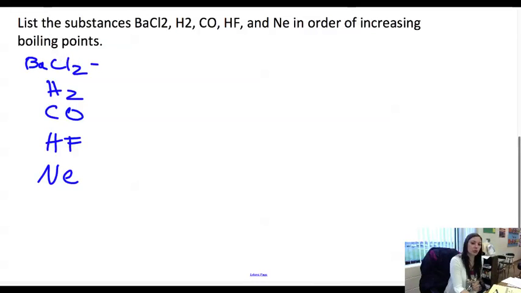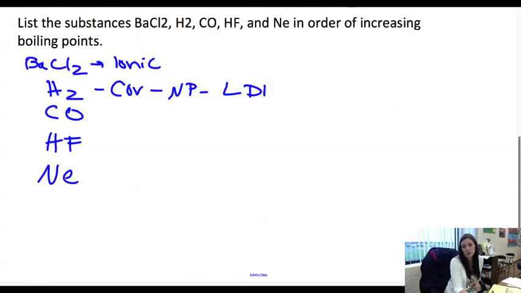BaCl2, we've got a metal and a nonmetal, which is going to make it ionic. H2, I'm looking at covalent. Is it polar? No, it's an H bonded to an H, so it's nonpolar, which means it has to be a London dispersion force.